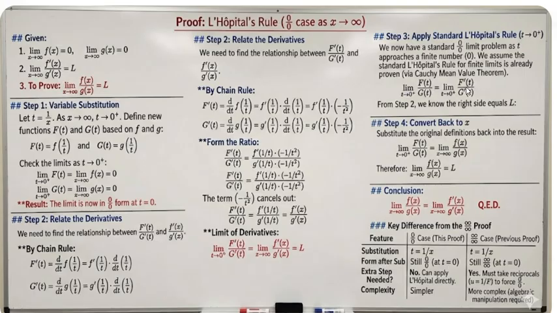Is it okay? This is equal to L by this method: limit of f dash of t divided by g dash of t as t tends to 0 is equal to L.